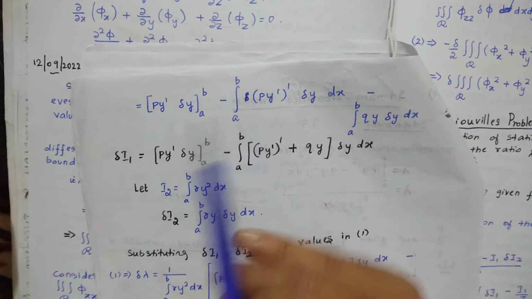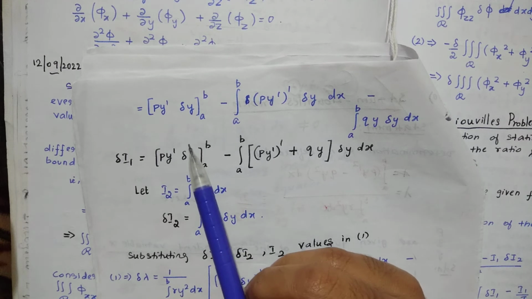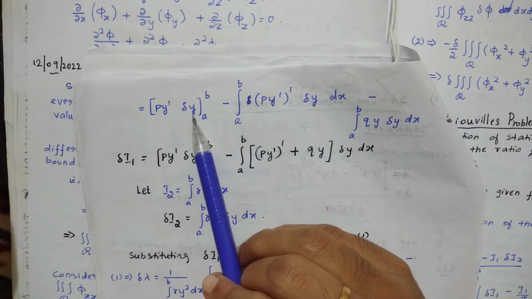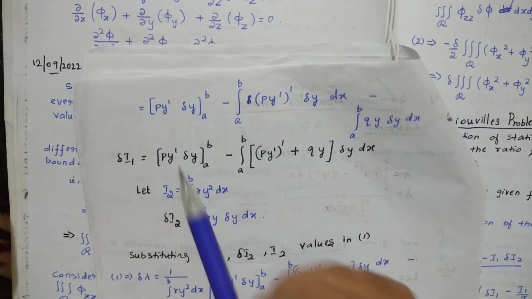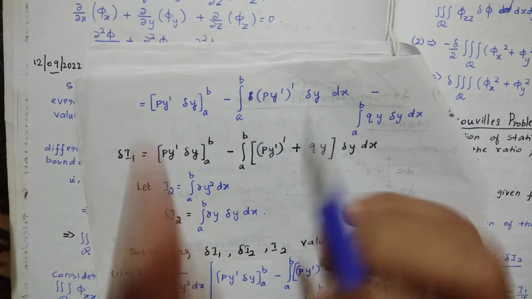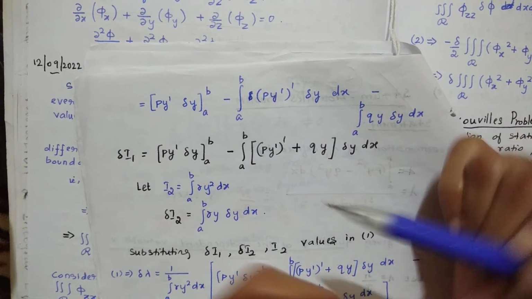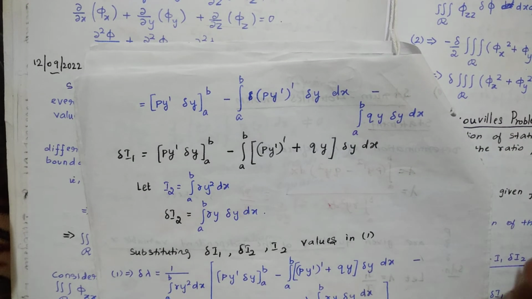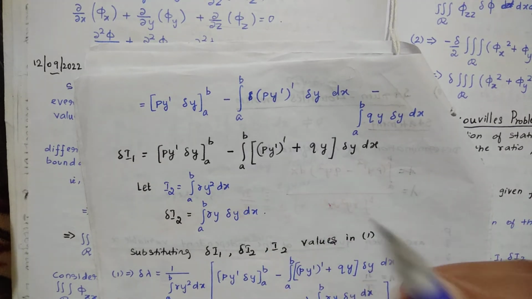One thing you have to keep in mind is to write in such a way that at the end the last term should be delta y dash. All these delta y terms should come at the end of the integral, so that taking common terms will be easy. Like that you have to write.